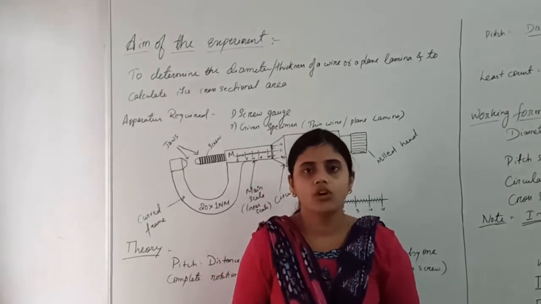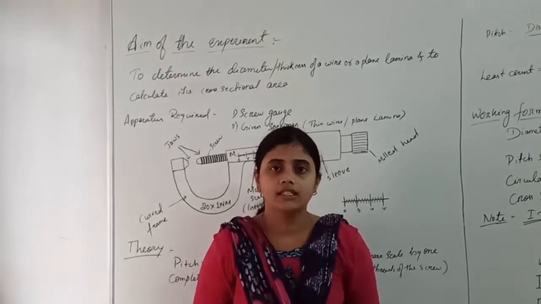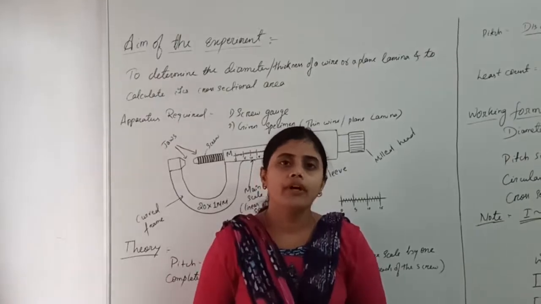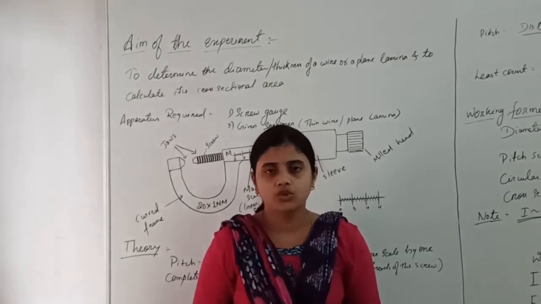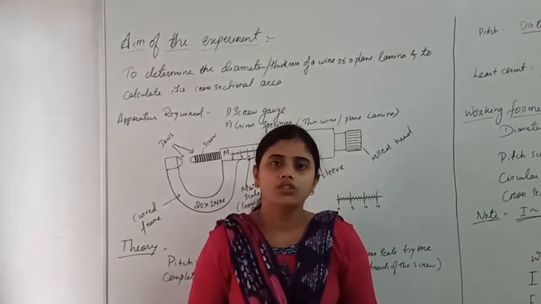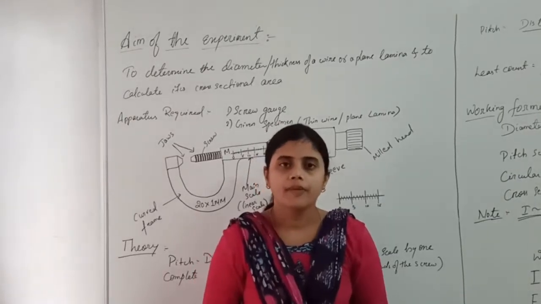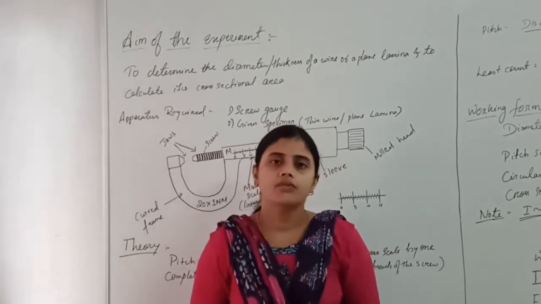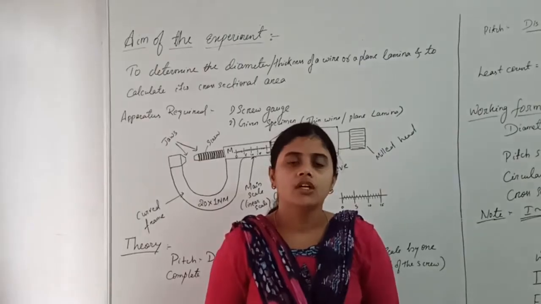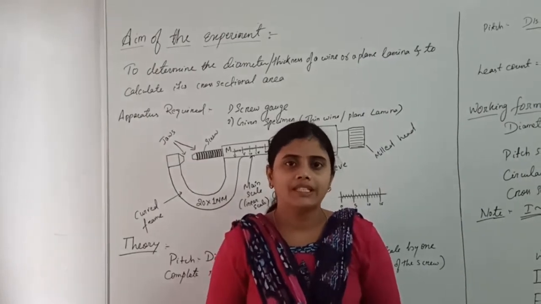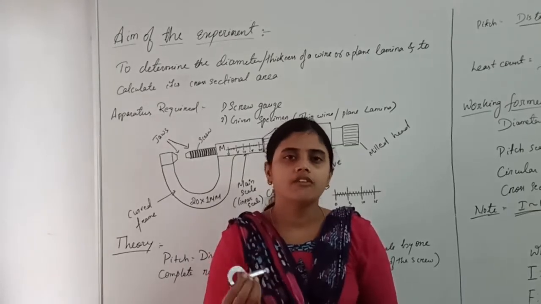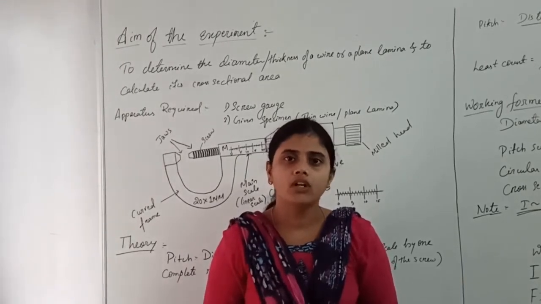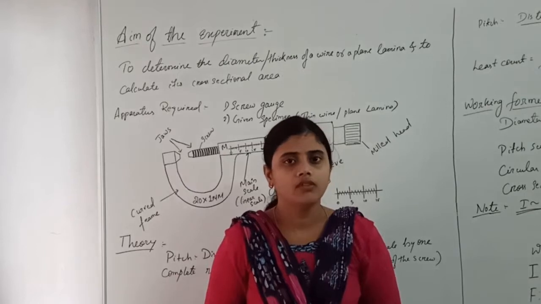But in the case of a screw gauge, the minimum measurement, that is the least count, is 0.001 centimeter, or depending upon the instrument, 0.0005 centimeter. So we can measure smaller objects precisely and accurately using this screw gauge, which the vernier caliper cannot do because its least count is 0.01 centimeter.